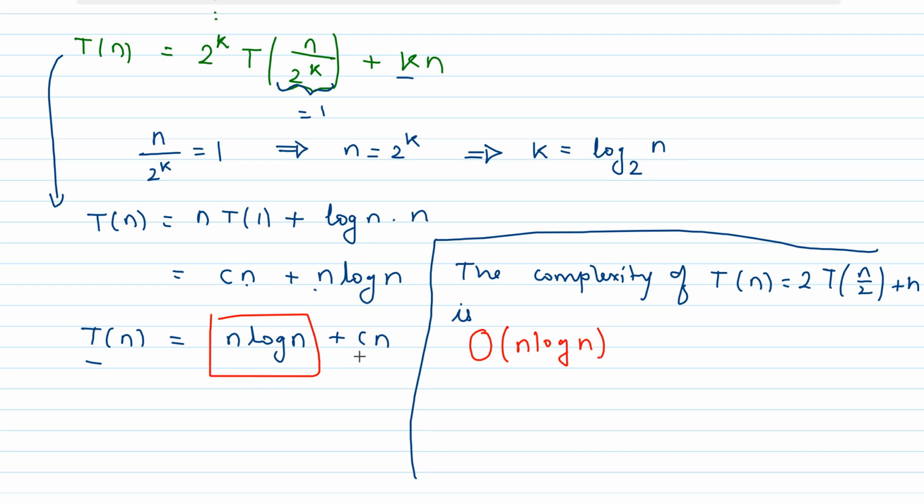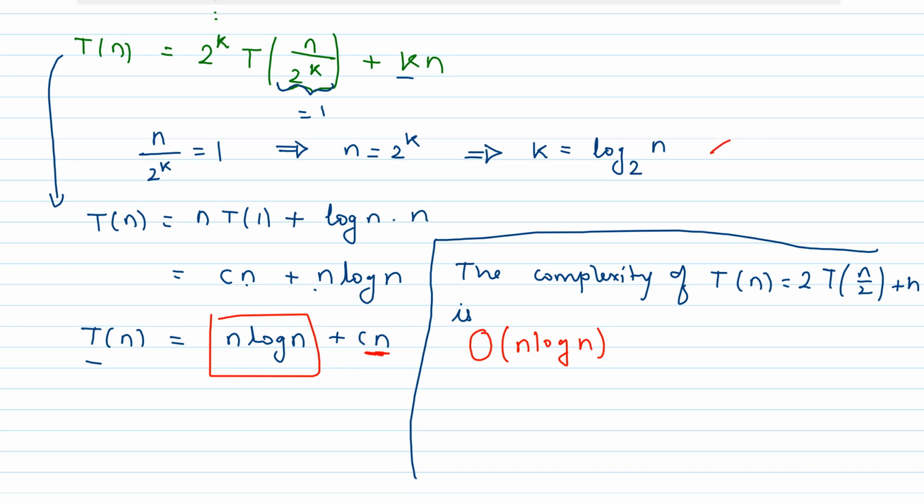And what was our capital omega notation, which gives a lower bound? If you look at this equation, for any value of n, after some point, this cn will form a lower bound, because the value of n log n will always be higher than cn.